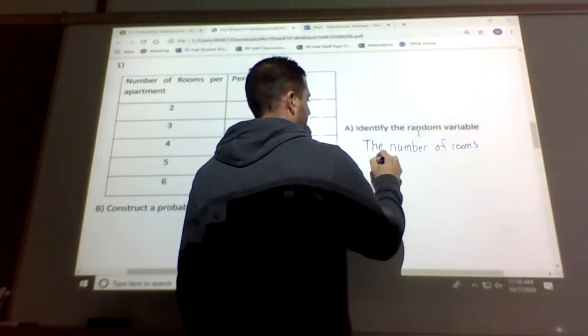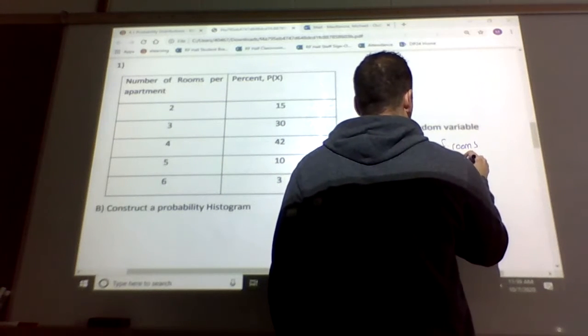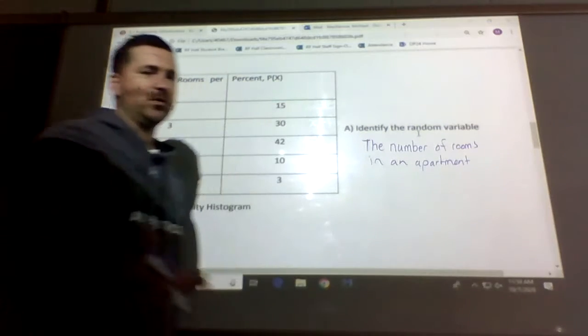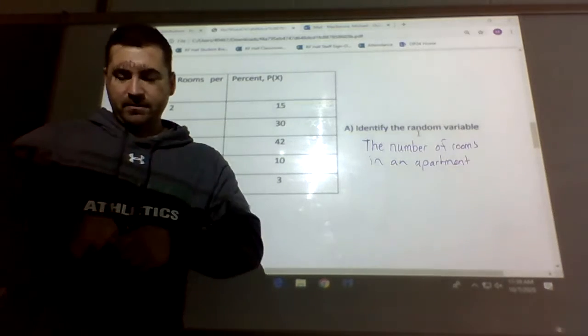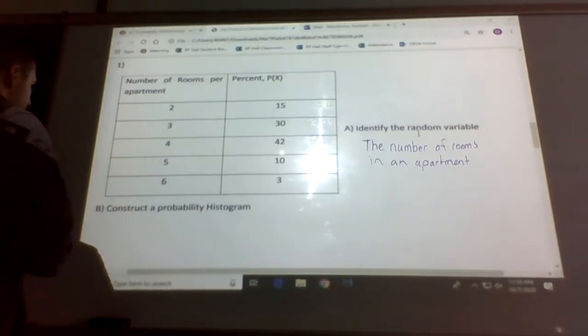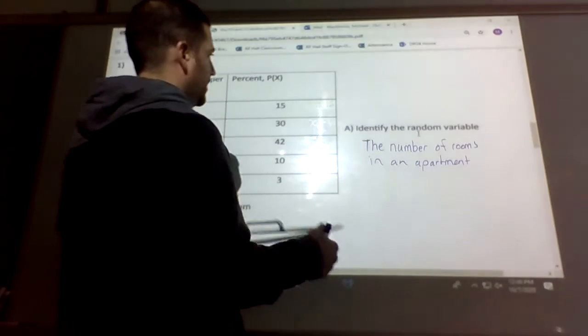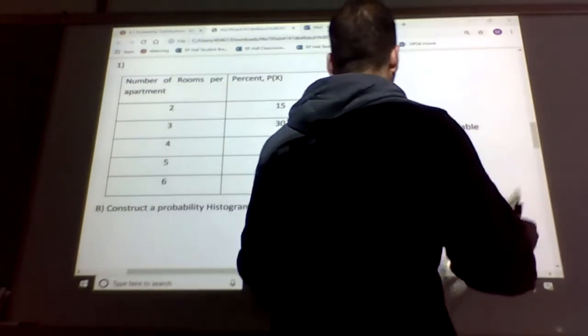Number of rooms in an apartment. Okay, that can be just rooms, family room, kitchen, bedroom, and such. B, construct a probability histogram. Okay, so we have a histogram. I'm going to try to do it over here. I'm just going to erase this.